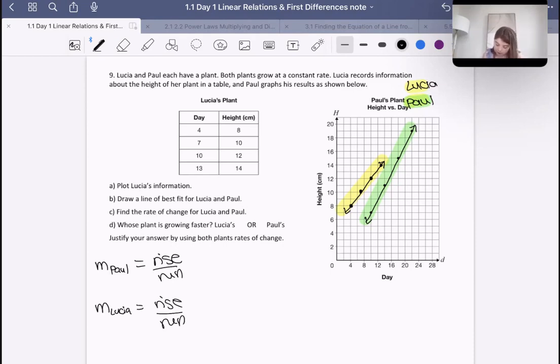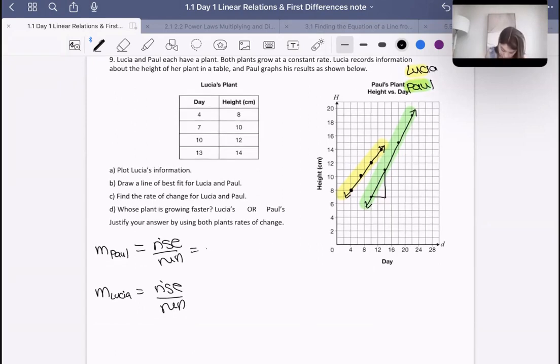So for Paul's plant, looks like we're rising how much for every run? Well, the run goes from 10 to 14, which is 4. So the run is 4 for Paul. And the rise is from 7 to 11. So that's 4 as well.